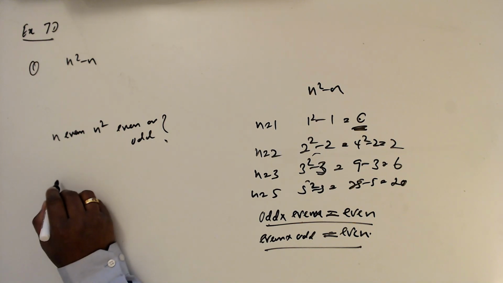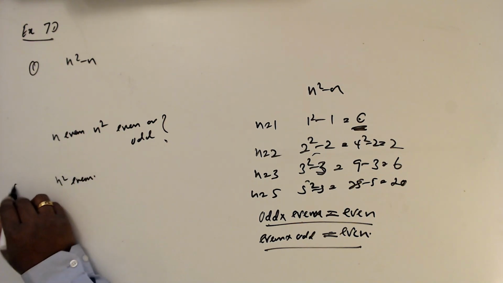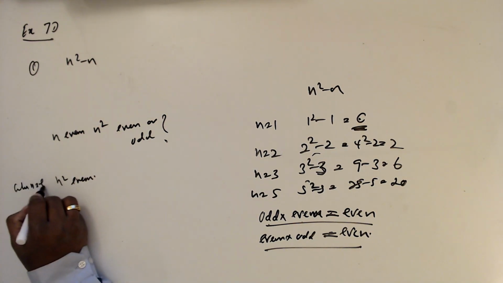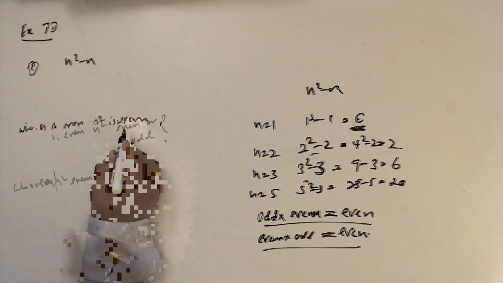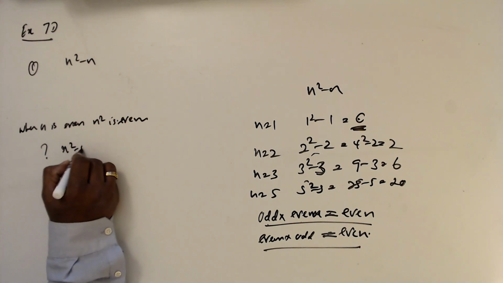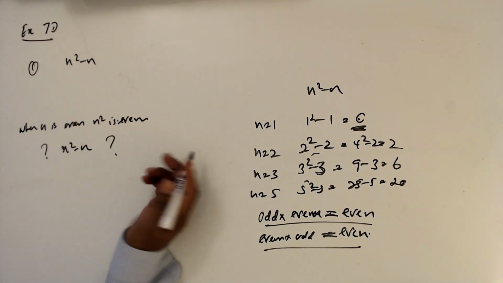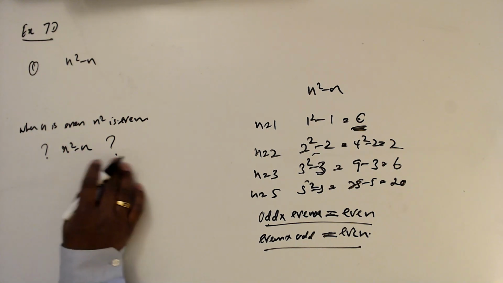Then assume n squared is even when n is even, then what do you know about n squared minus n? We can't tell anything.